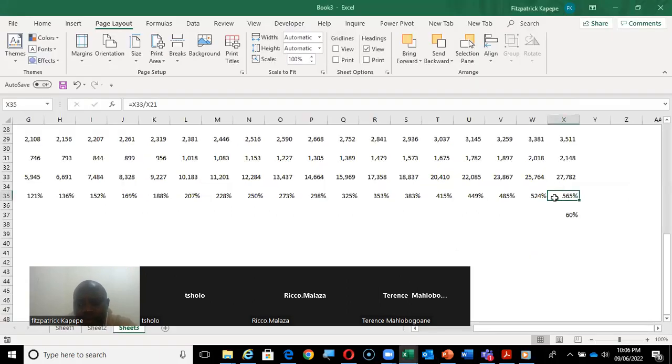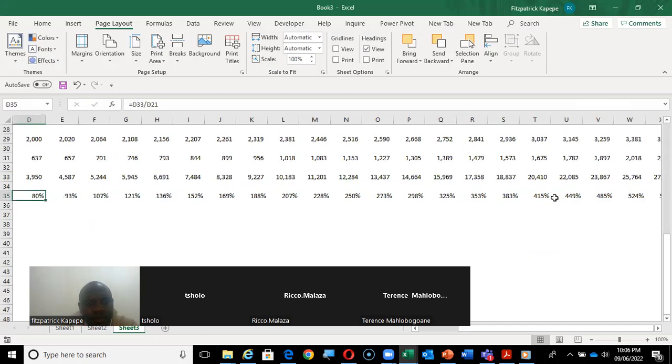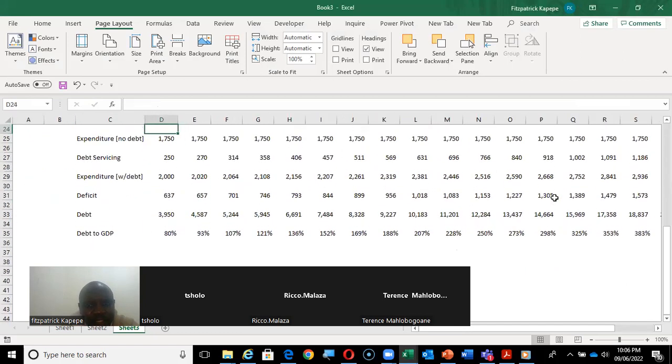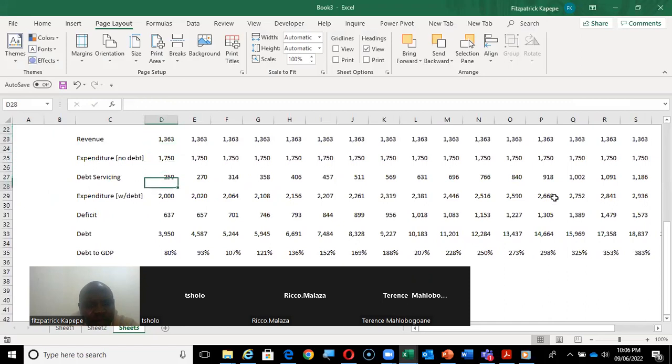Okay, so presently it's at 80. Maybe there's somewhere where we made a mistake. Let's just come here. Okay, on this one, we're okay. On the expenditure, pay whatever. Revenue has been maintained.